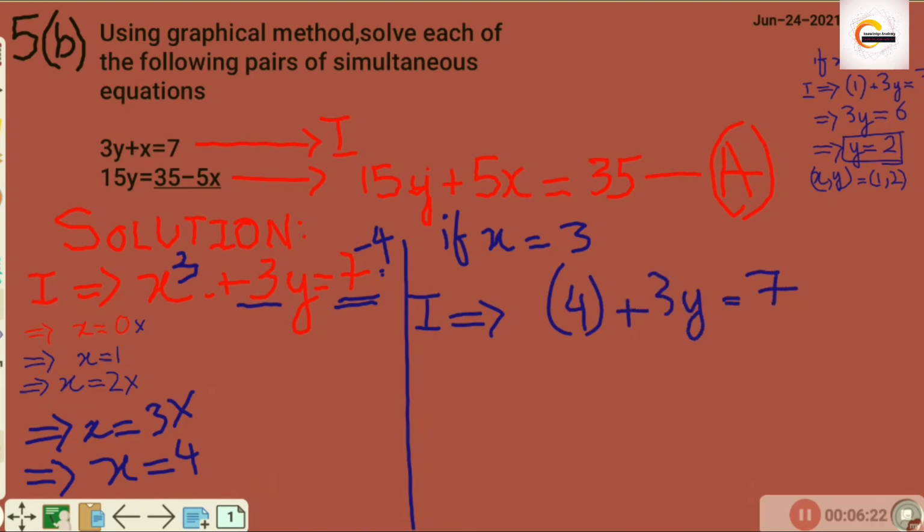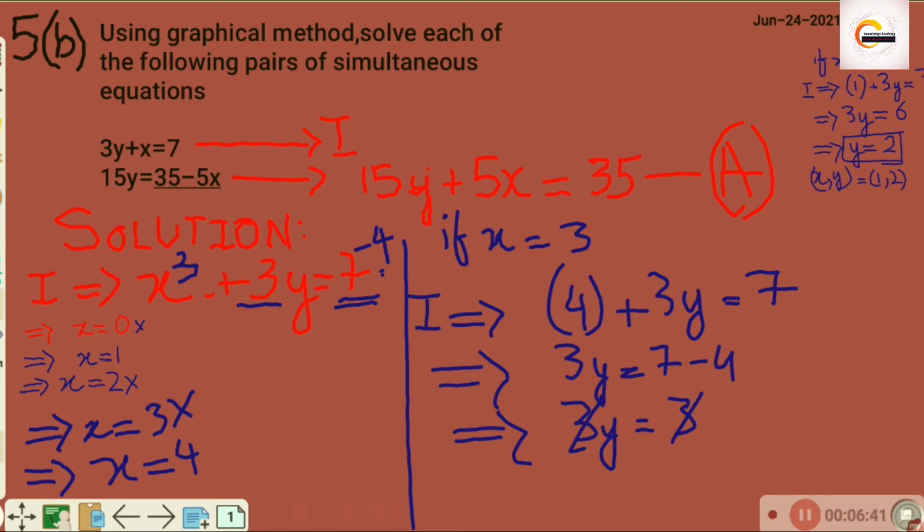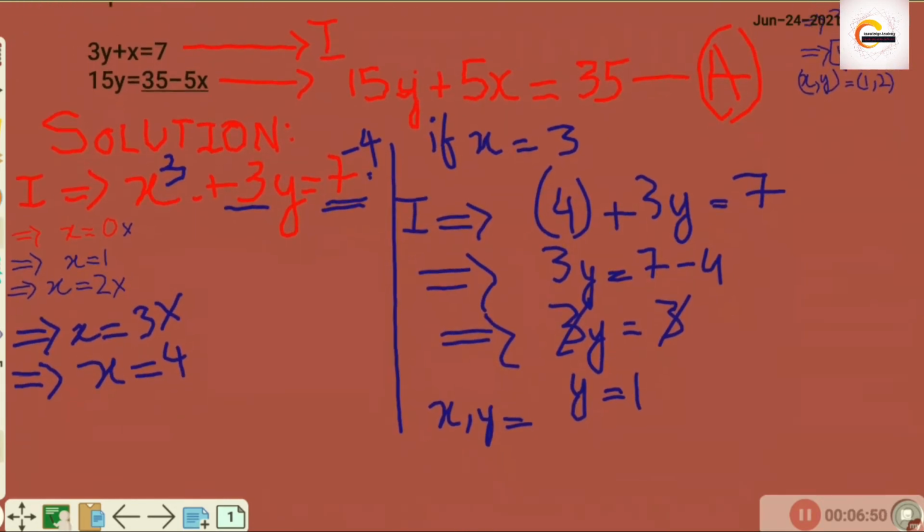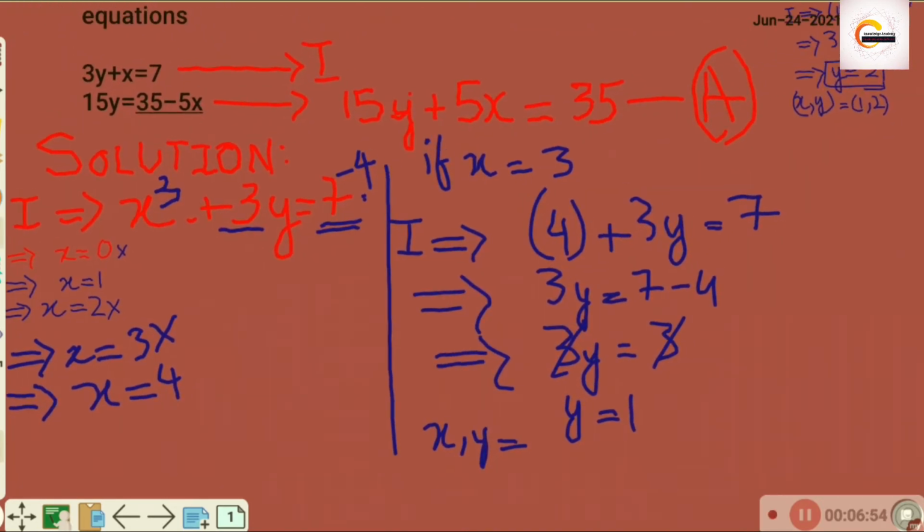This 4 will go on the other side and become minus 4, 3y is equal to 7 minus 4, so 3y is equal to 3, that means y is equal to 1. So the other point we have got is x comma y is equal to 4 comma 1. So this is the second point on this equation.